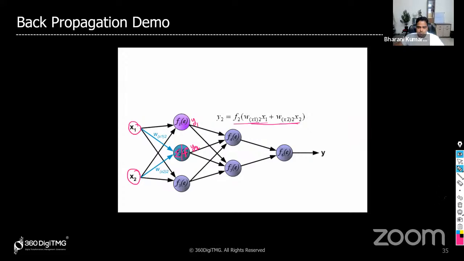Then from this input, you have a weight, and from this input, you have a weight. So this weight into this, plus this weight into this, would give you the integration component. Once you get that integration component, you move on to the activation. Then you get an output which is y3.